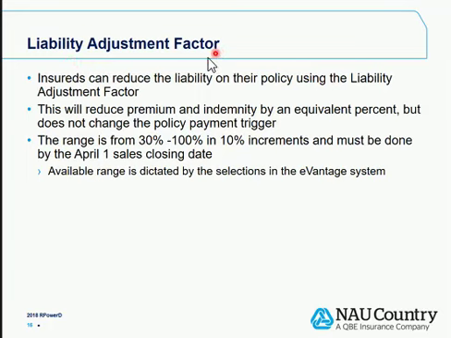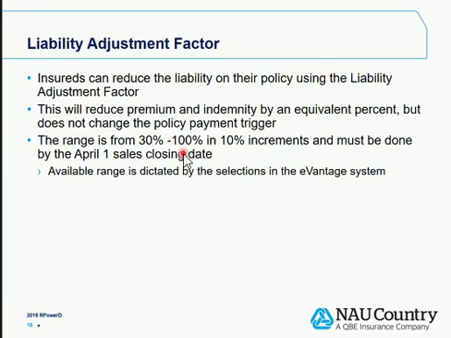Okay, here's a unique feature of this product. It's called a liability adjustment factor. I think this will be better illustrated when we do the estimator, but just to explain what it is, on 10% percentage increments, you can select 30, 40, 50, and so forth of the liability, and it will reduce the coverage and the premium by that percentage.